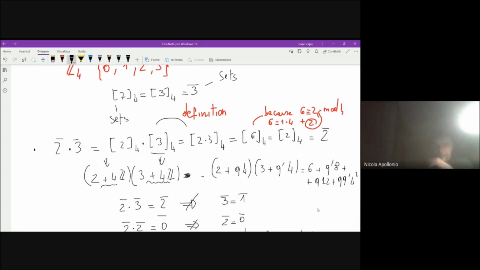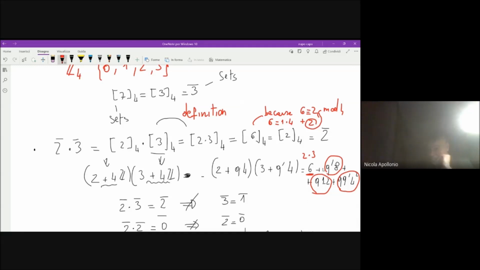Good. You see, here this is 6, which is 2 by 3. Here there is a multiple of 4. Here there is a multiple of 4. Here there is a multiple of 4.